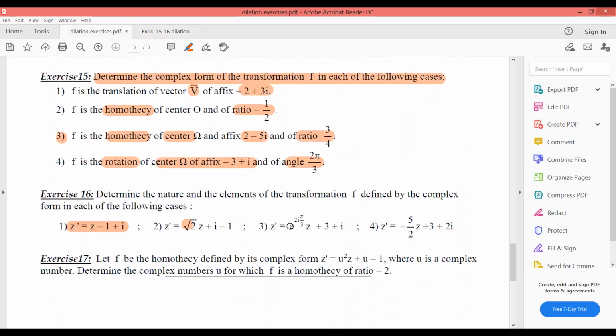Part 3. Here we have e to the 2 pi over 3 i. So it is a rotation of angle 2 pi over 3. Now we need to find the affix of the center.